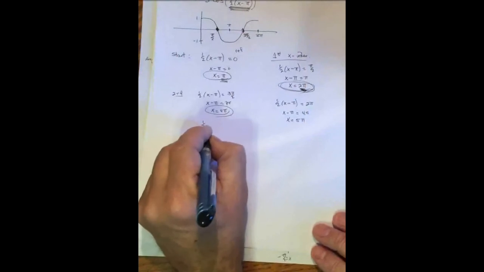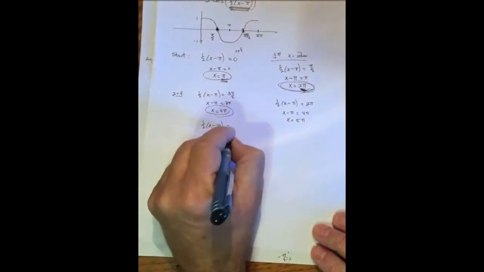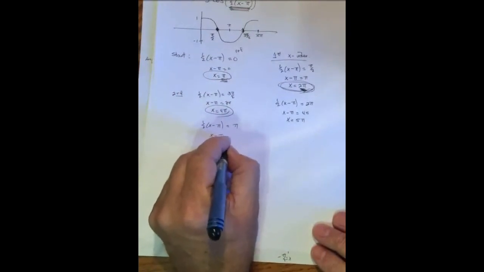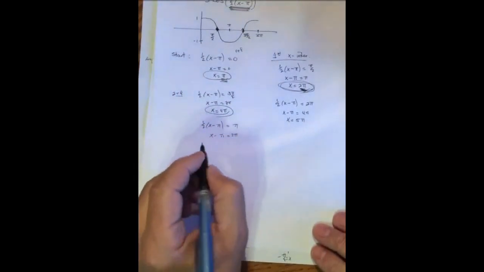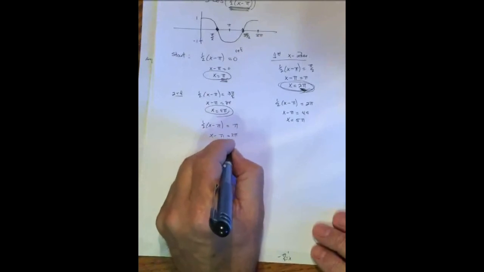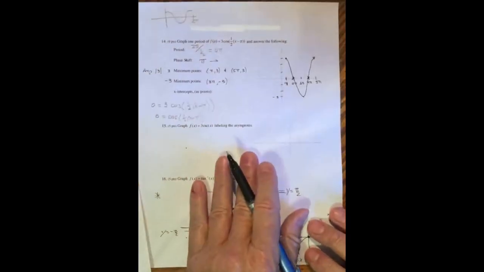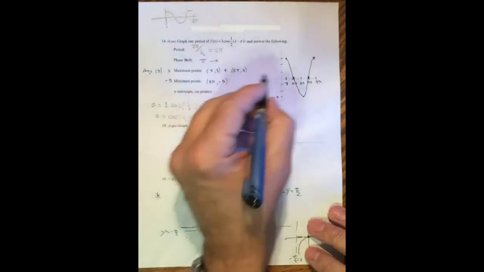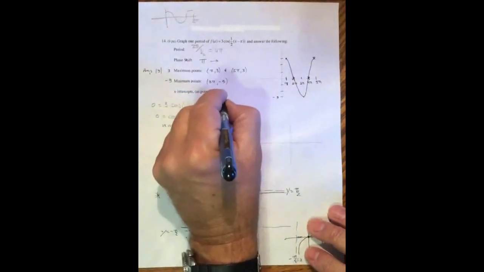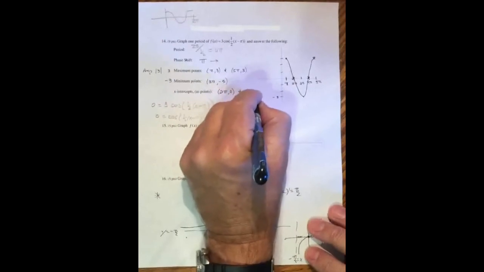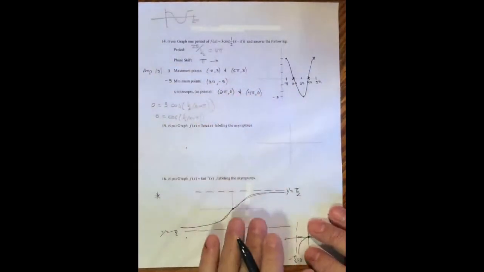So I'm going to take 1/2 x minus pi and set equal to pi. That's x minus pi is equal to 2 pi when I multiply by 2, and then x is equal to 3 pi. So at 3 pi, I'm going to have a minimum. Now, what are the x-intercepts as coordinates, as points? The x-intercepts are going to be 2 pi and 0 and 4 pi and 0.